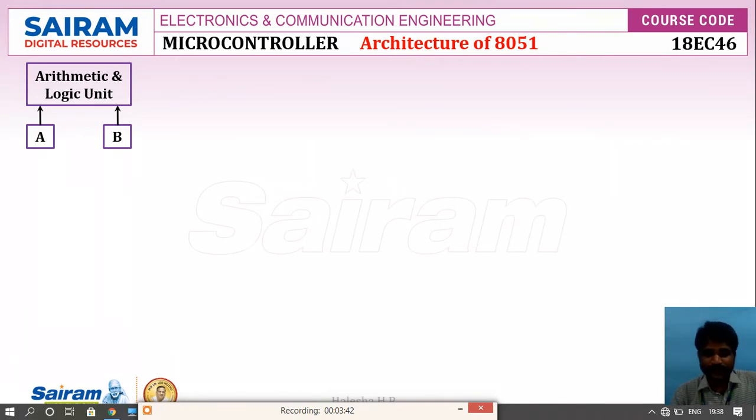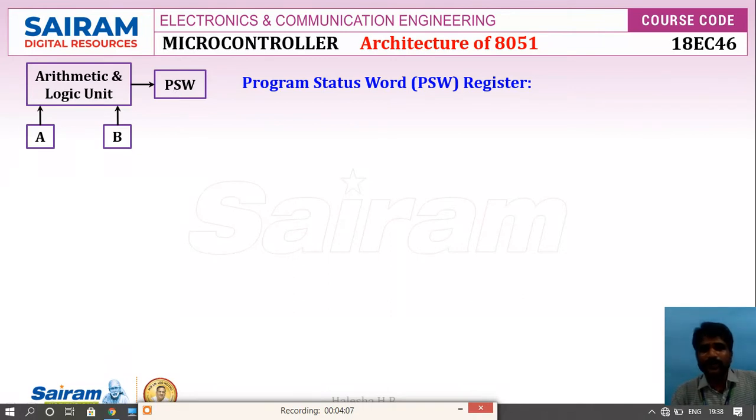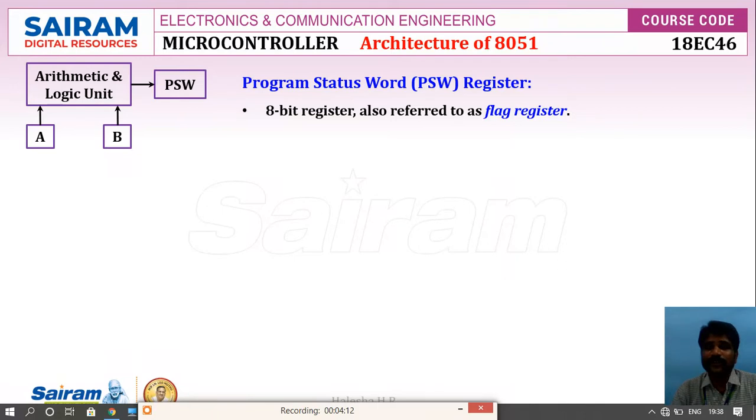Okay. Then PSW, program status word, it is an output from the ALU. I mean some conditions are happening, like suppose if the operation is addition, some carry will be affected. So those conditions are given to the program status word. So PSW is an 8-bit register and is also referred to as a flag register.